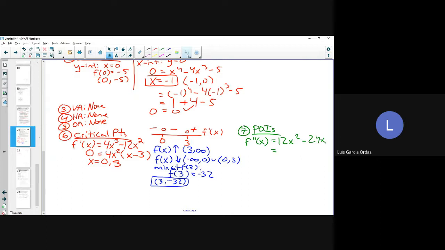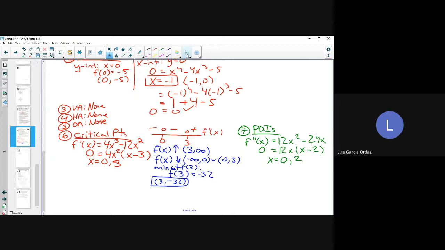Can I factor out anything from 12x squared minus 24x? 12x. Remember, I have to set my double derivative equal to 0. So I get 12x, and what remains in my bracket is x minus 2. So x is equal to 0 is one of my inflection points, and x is equal to 2.